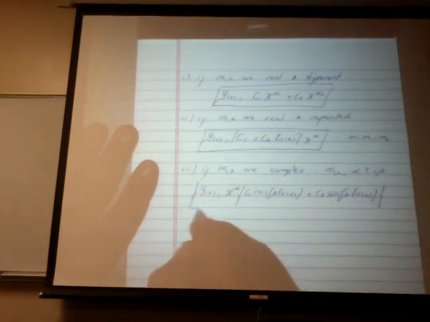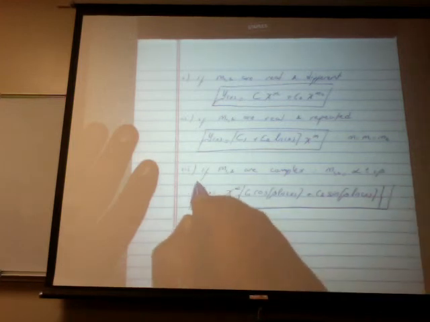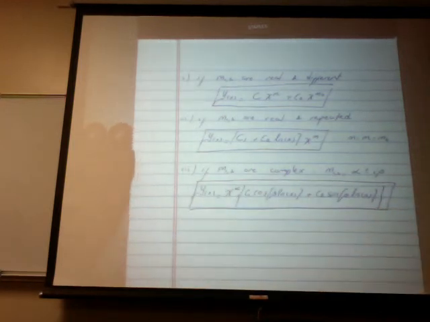And that's it. And that is the solution to the Cauchy-Euler equation, or the Euler-Cauchy equation.